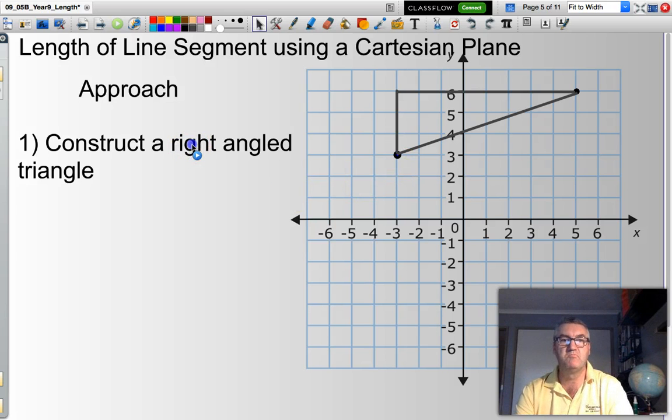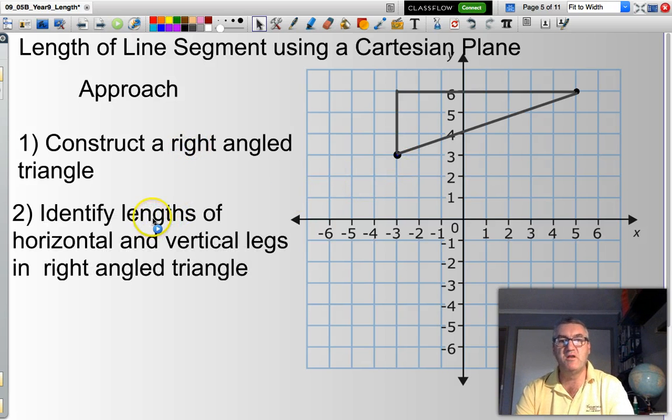Then I will identify the lengths of the horizontal and the vertical legs. So here is my vertical leg. How far is that? How many units? 1, 2, 3. So I will look at the horizontal leg. How many units? 1, 2, 3, 4, 5, 6, 7, 8. So 8.